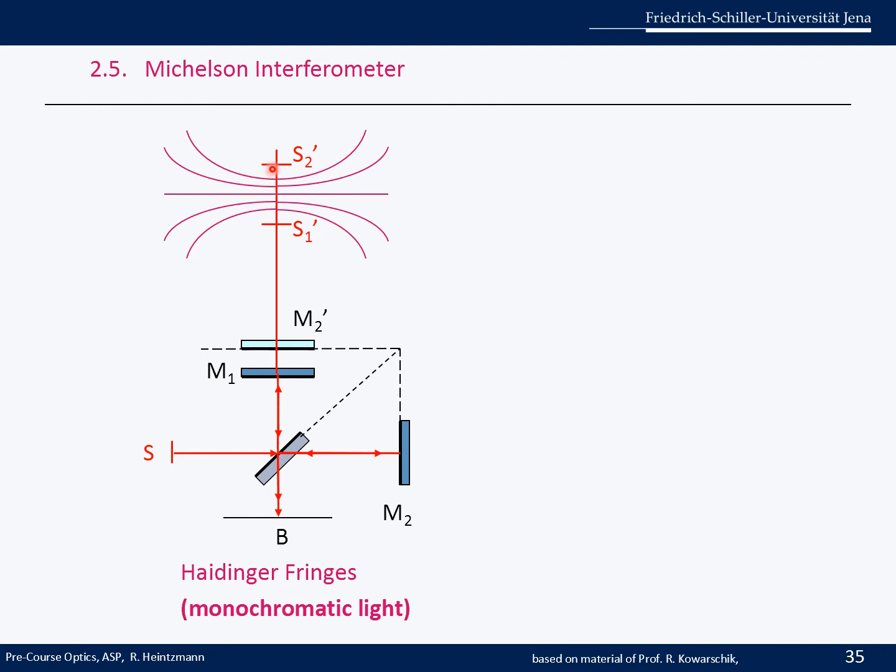But when we detune this mirror, then we start to see fringes that look like circular fringes this way. They are called fringes of equal inclination if we detune and we have divergent or convergent light here. For example, in monochromatic light, because otherwise we would quickly move out of the longitudinal or temporal coherence length.